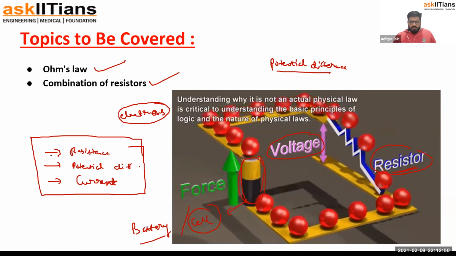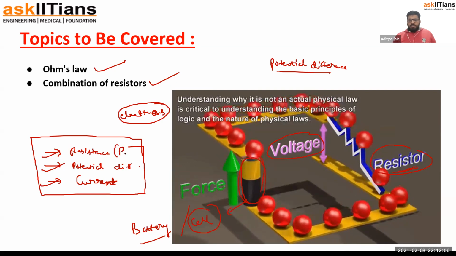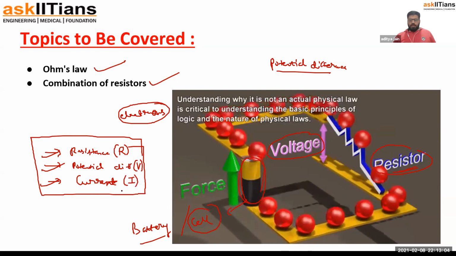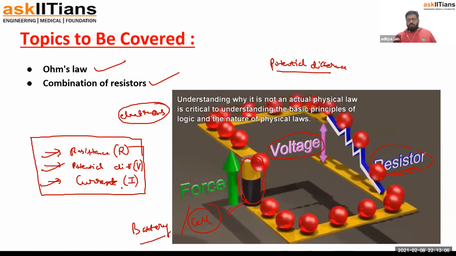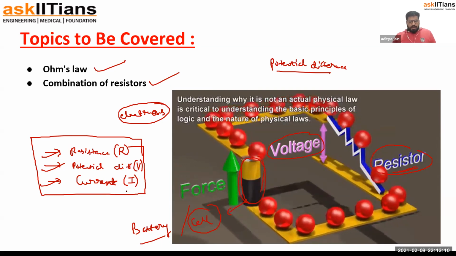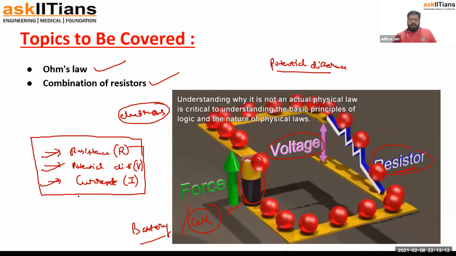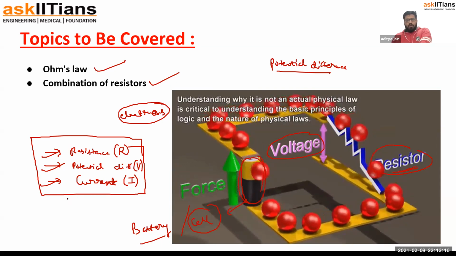Usually we denote resistance with the symbol capital R, potential difference with capital V, and current with capital I. In Ohm's law we are going to see the relation between resistance, potential difference, and current of any conductor. Now let's move on to what Ohm's law actually is.